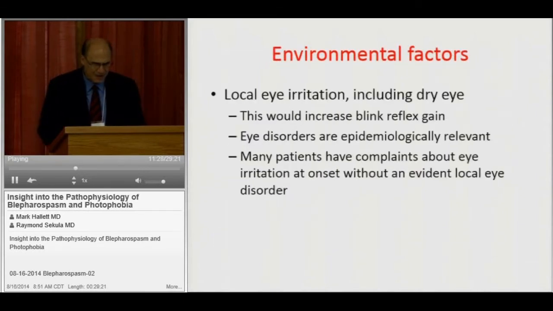In terms of environmental factors, we talked about local eye irritation, including dry eye. You'll be hearing more about that later. Dryness of the eye will increase the gain of the blink reflex. We know that eye disorders are epidemiologically relevant, so there's something going on there that clearly is important.